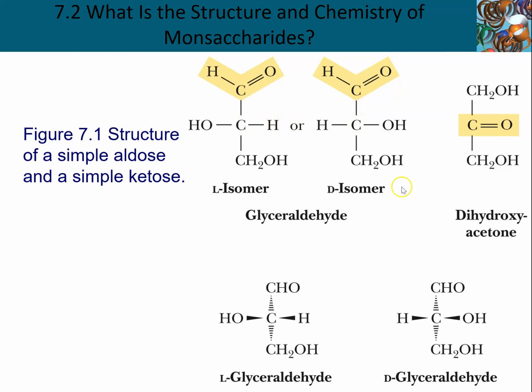We also have a different view of it. If we were to look at it from above, we've got our L-glyceraldehyde here, and we've got our D-glyceraldehyde here, and you can see the difference in handedness if you were to assign the different functions coming off of the central carbon 1 through 4.